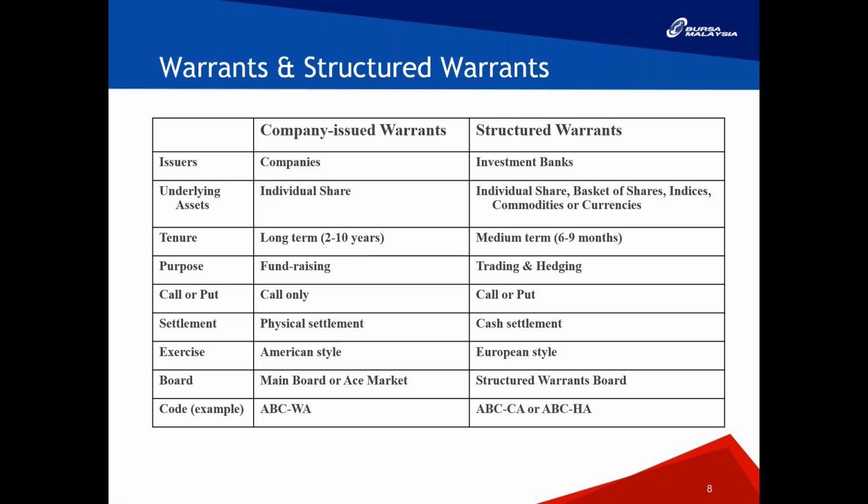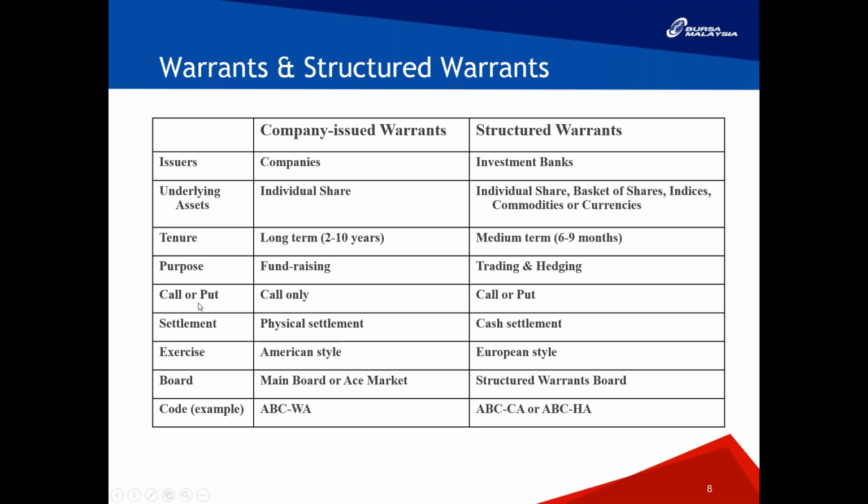Normally it is 5 years, but it can be as short as 2 to as long as 10 years. And the purpose of issuing these warrants is for the company to raise funds, and also for the shareholders who are the first to receive it, it is an opportunity to participate in capital appreciation of the share of the company.